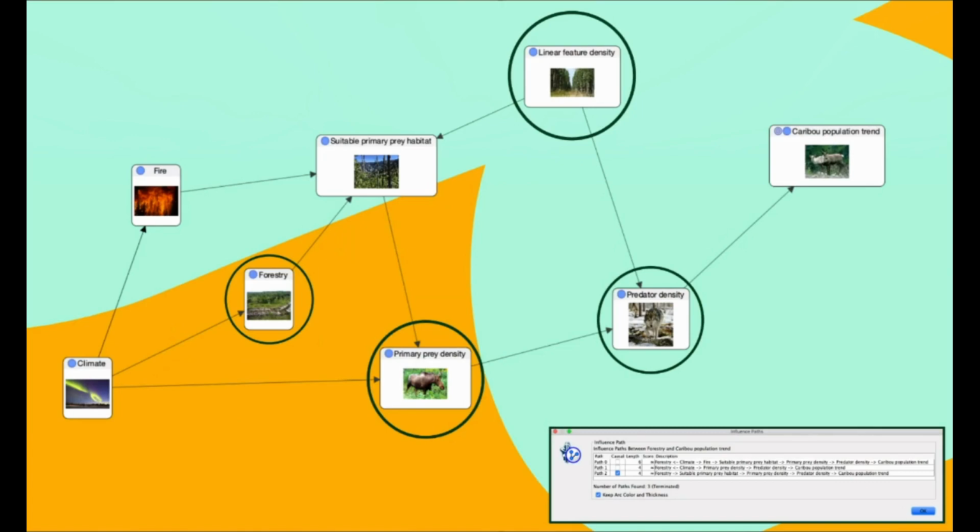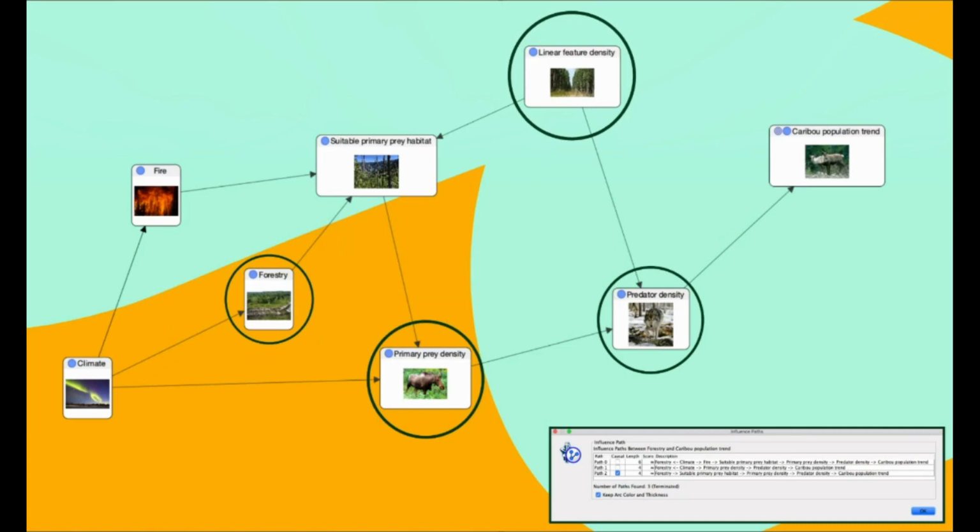This is a fairly simple DAG, so it's pretty clear what those paths are. But for instance, when we're looking at the relationship between forestry and the caribou population trend, there's one direct causal chain through habitat, primary prey density, predator density through to caribou populations. But there's also two non-causal paths, one coming back through climate and the other that is up through linear density.